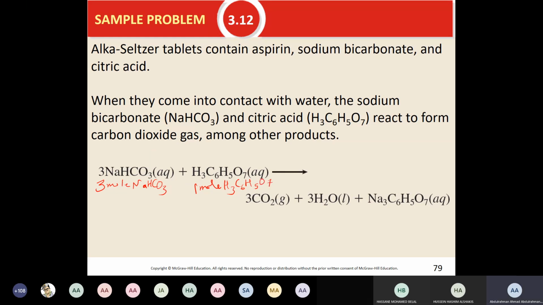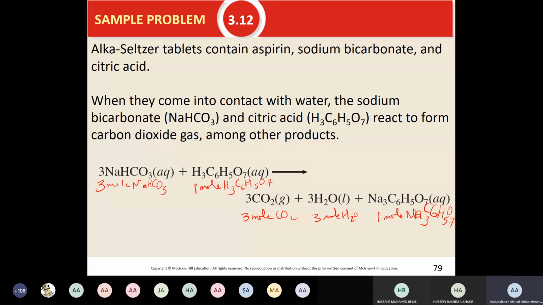And what should I write here? 3 mole CO2, 3 mole H2O, and here 1 mole Na3C6H5O7.